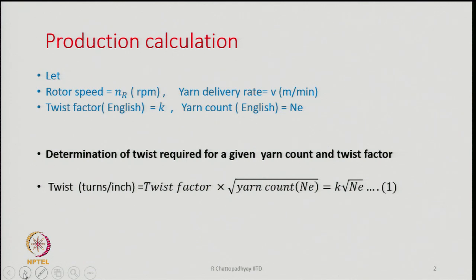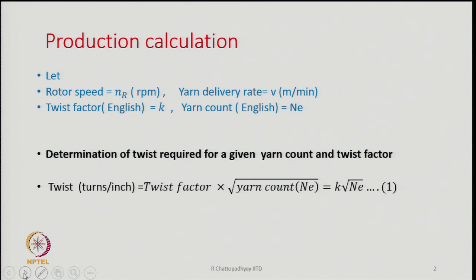This formula is a very classical formula, and this is generally taught when ring spinning is taught. So, twist factor and root over yarn count, these two are related to the twist that we require in a yarn. Twist factor is represented by small k and yarn count by Ne.